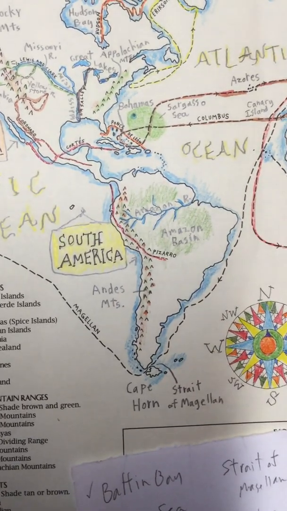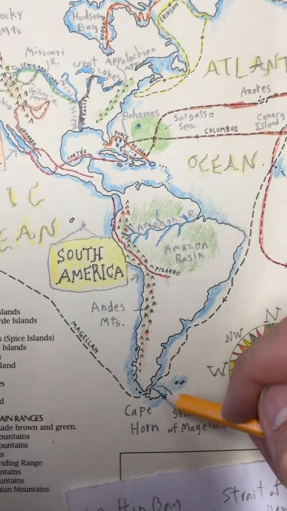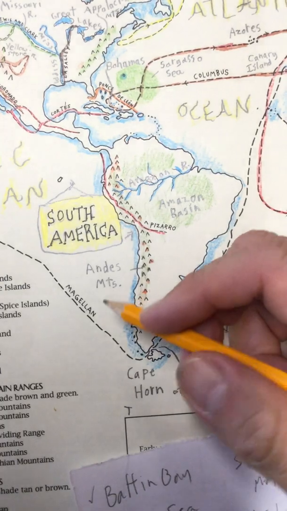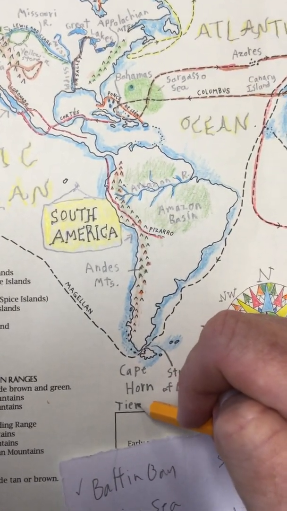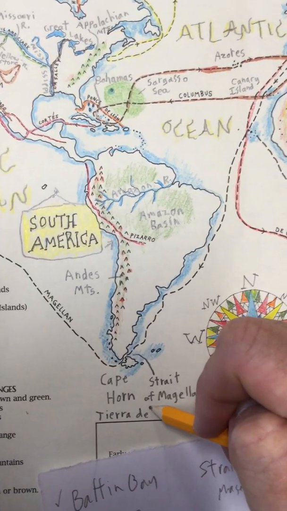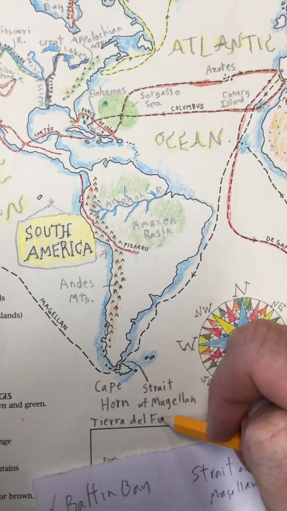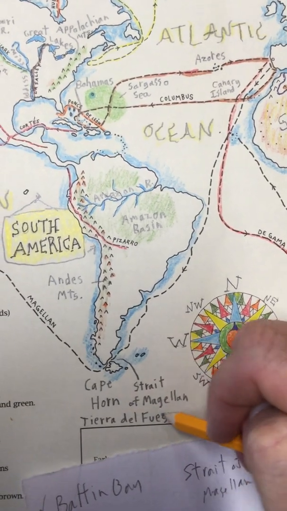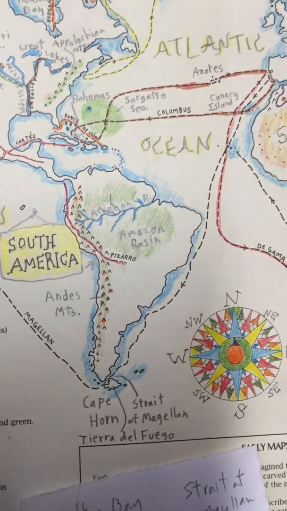I guess maybe because of the sunset, but he named it Tierra del Fuego. If you want to label that too, it might be kind of fun, which means land of fire, I believe. Tierra del Fuego, F-U-E-G-O. I'll just put a little leader line to that island right there.